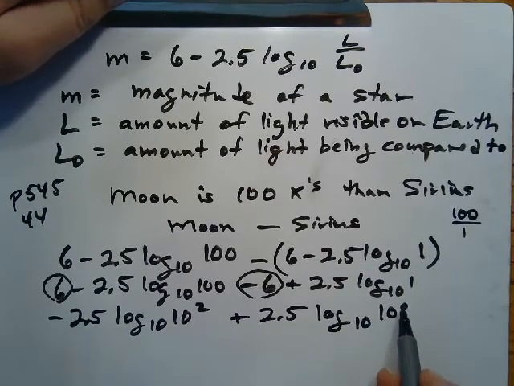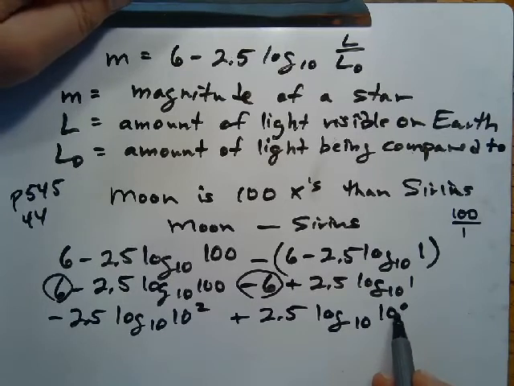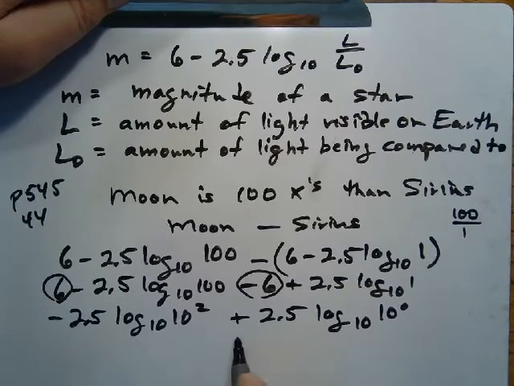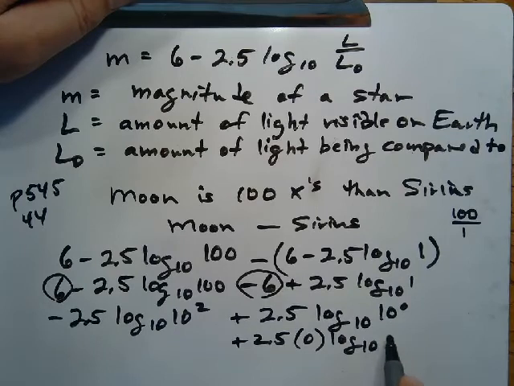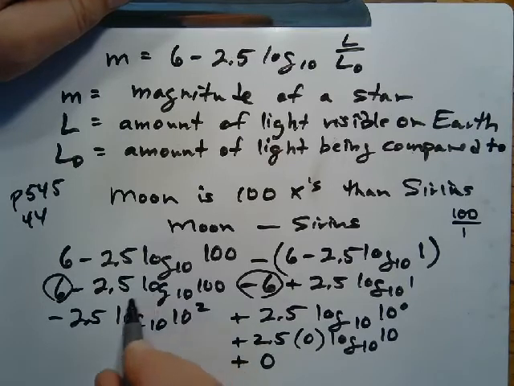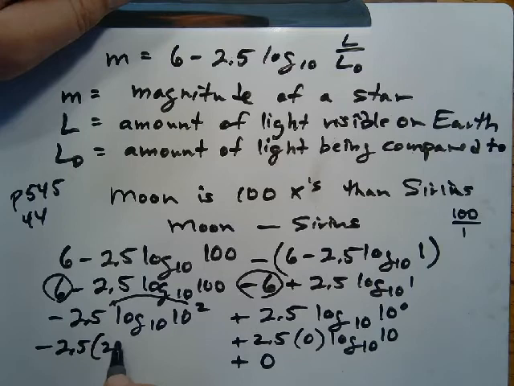Well, what is 10 to the 0? Well, 10 to the 0 is 1, but if I roll that 0 around to the front here, as we're multiplying, I'm going to end up taking 0 times all of this over here, and this ends up becoming 0. And if I roll the 2 around to the front here, minus 2.5 times 2, log base 10 of 10.